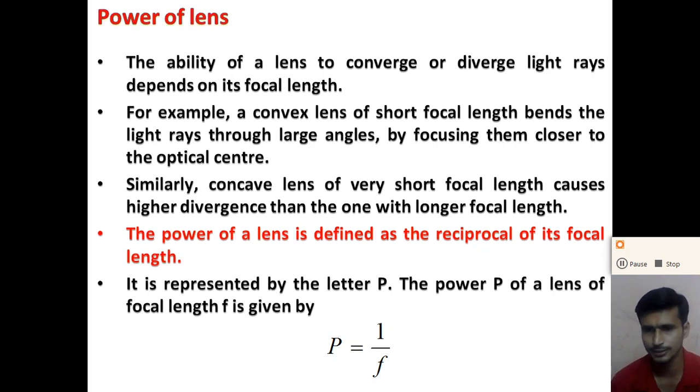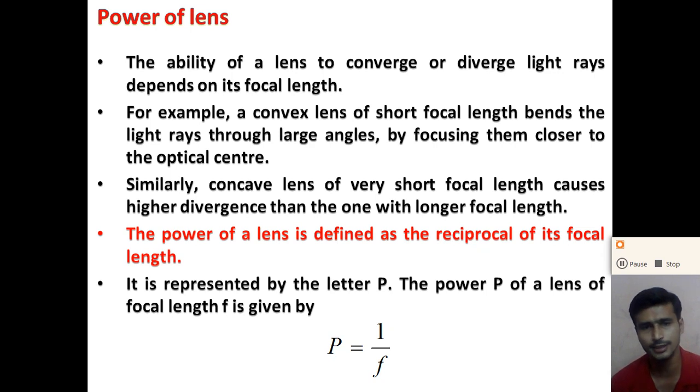If the focal length is small, the convergence is more, and if the focal length is large, the convergence or divergence is less. So the convergence or divergence of the lens depends on its focal length. If the focal length is short, the convergence or divergence of the light rays is at a larger angle.